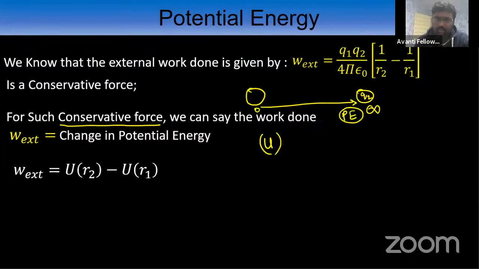Similar to gravitational potential energy, when my body was touching the ground, its potential energy was zero. Please observe very carefully. In the case of gravitation, the potential energy was zero. So I'll write G for gravitation.